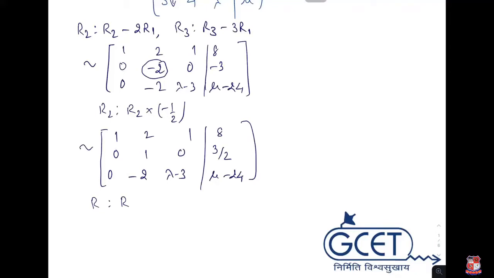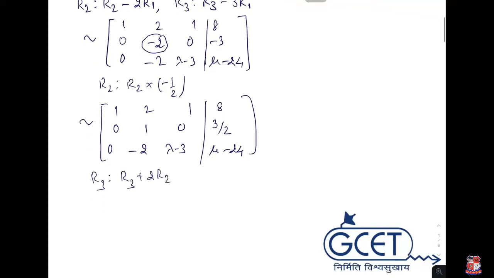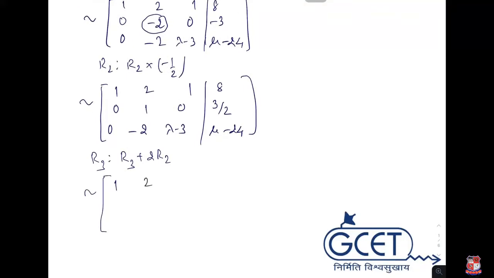So in R3 plus 2R2, and so this is equal to 1 2 1 8, 0 1 0 3 by 2, this is 0 0, then this is same as lambda minus 3, and now multiply this with 2, so that will be 3, and add here, so that will be mu minus 21.